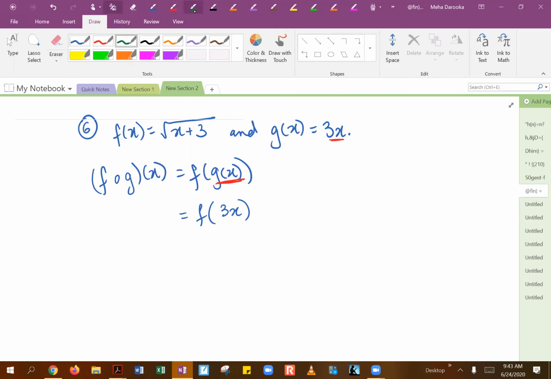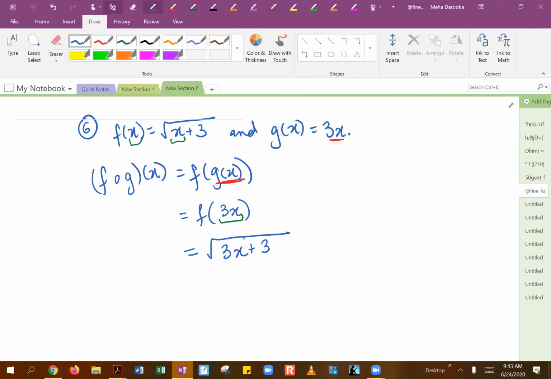So this 3x is going to replace the x value in your f function. So for my f of x, I will have square root, and technically that should be x plus 3. But instead of x, you're actually going to replace it with this entire function, which was the 3x.